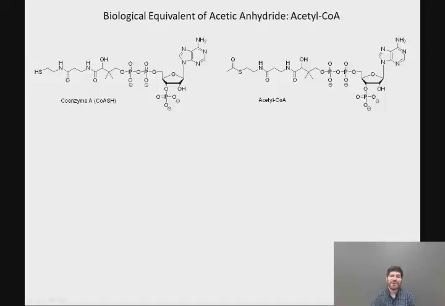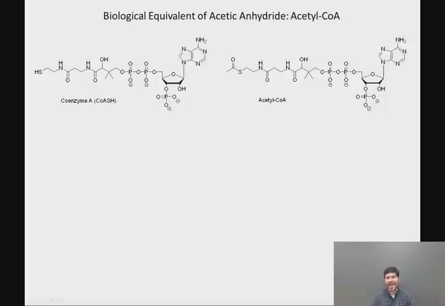So if coenzyme A gets acetylated, and we're not going to consider exactly how that happens in this particular video, you have acetyl coenzyme A. You might have met acetyl coenzyme A as what is fed into the citric acid cycle. So acetyl coenzyme A reacts with oxaloacetate to make citrate.